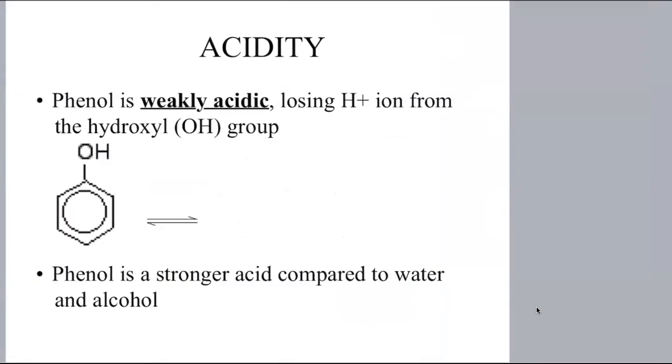Before I talk about acidity, I just want to remind you of the most common example that we use to show an acid, which is HCl. You've learned in topic 7 or 8, I don't remember which, that an acid is a species that releases or dissociates into hydrogen ions when it is in water or in solution.